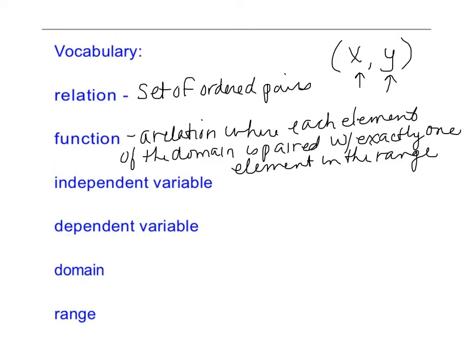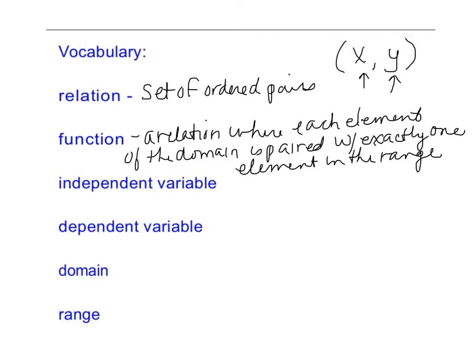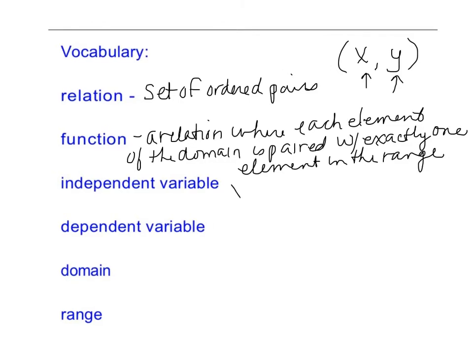An independent variable is the x-coordinate or the members of the domain. So your x-coordinate is going to be the independent variable, and the y is going to be the dependent, and y is going to depend on what x is.